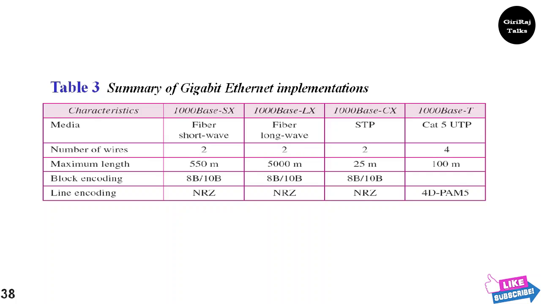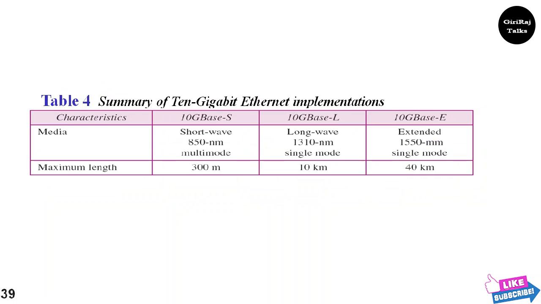If you remember this table, you can easily write if they give any kind of question regarding Gigabit Ethernet. And table 4 is also there. In table 4, other characteristics are given, media and maximum length. This is also something you need to remember.